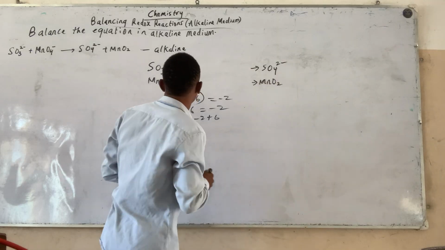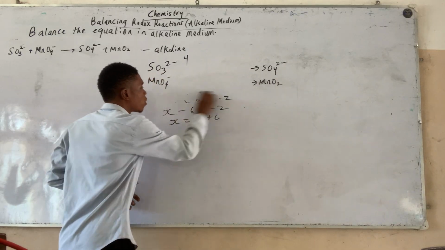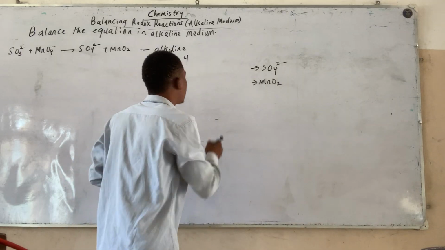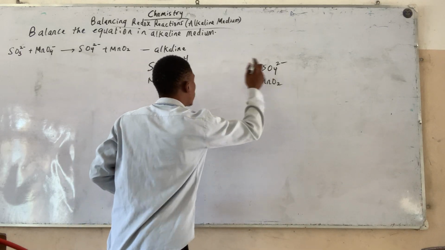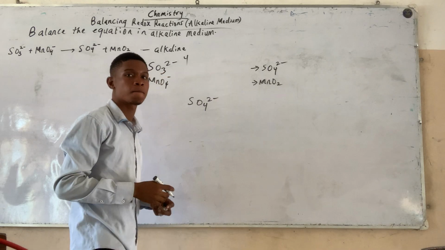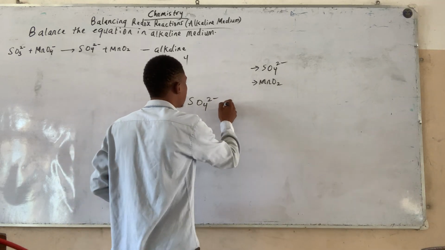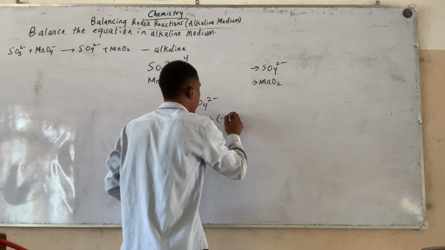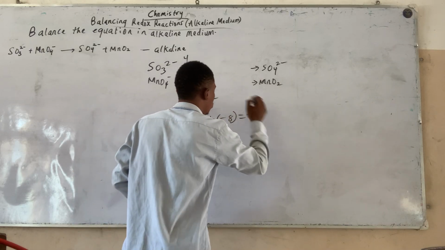Let's do that to this also. We have SO4 2 minus here. So what do we have? We have x plus -2 times 4, -8 equals -2.